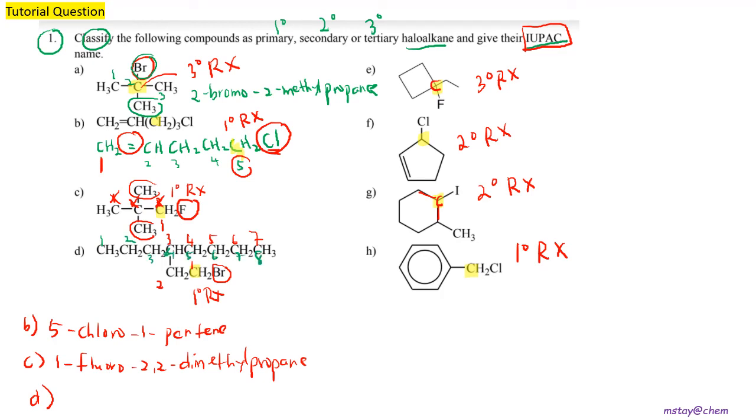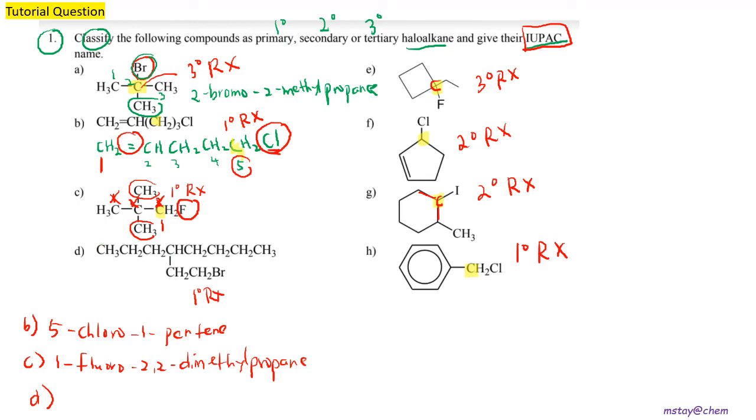The green color here is considered as 8 carbons, which is longer than the red color 7 carbons. So that means we have to do the numbering based on the green one, because the first priority is to select the longest carbon chain.